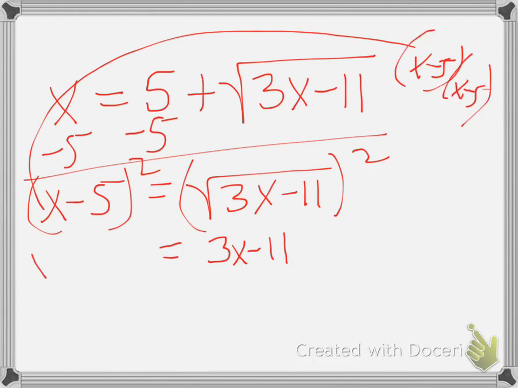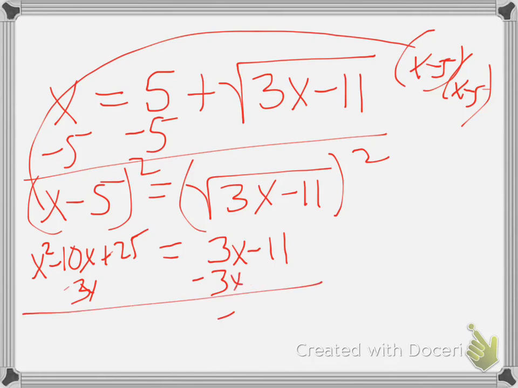I'm going to go ahead and do it in my head. Minus 10x plus 25. Okay, then you're going to pull the 3 over, the 3x, and add the 11, and this is getting super messy, sorry.